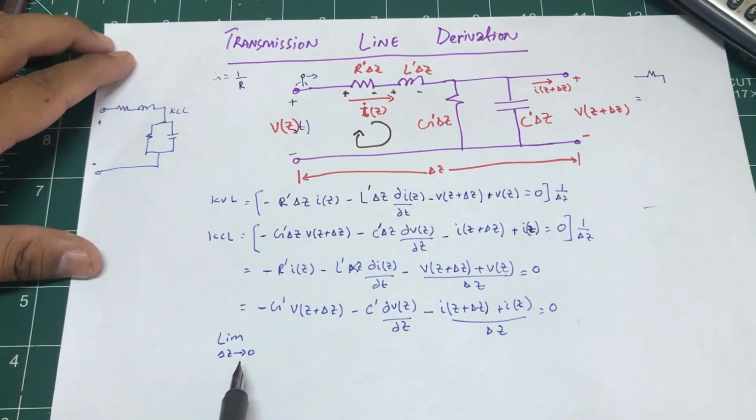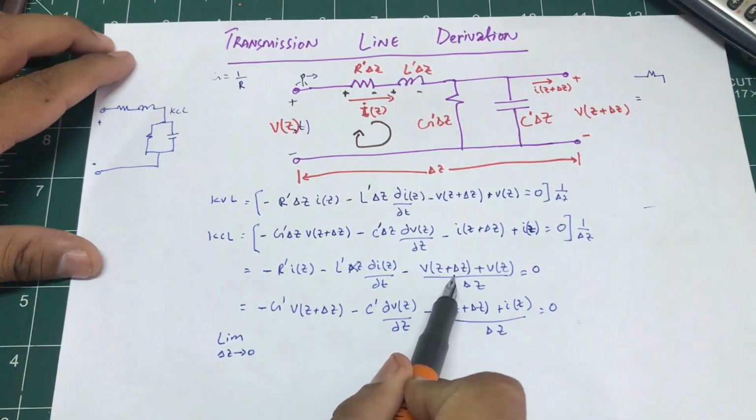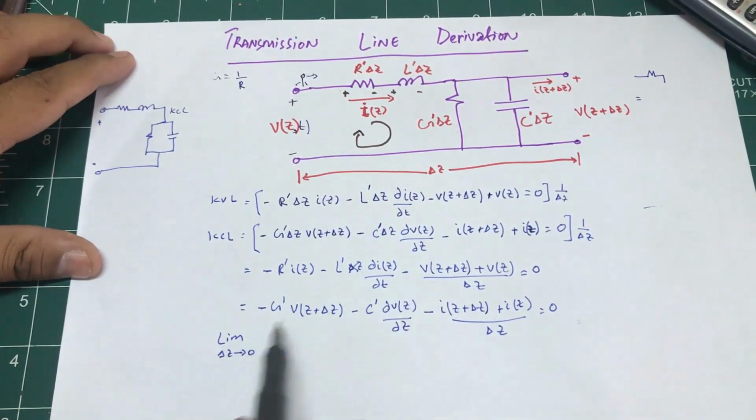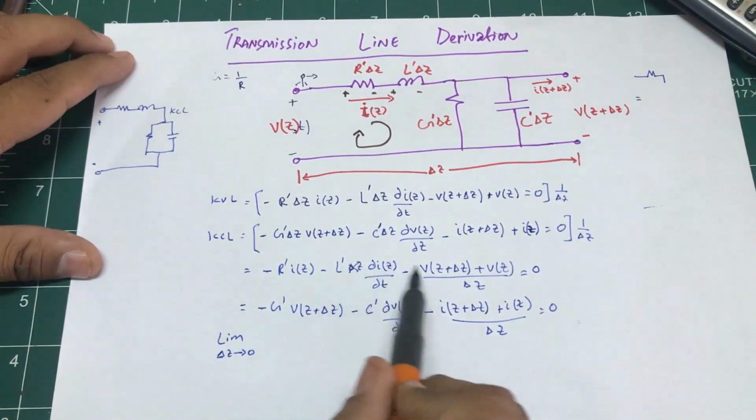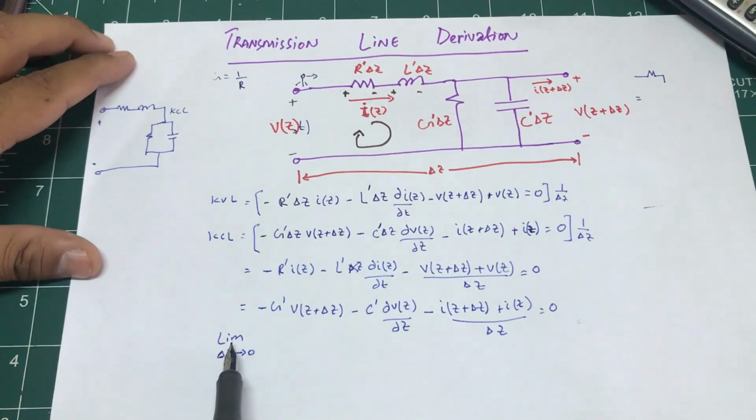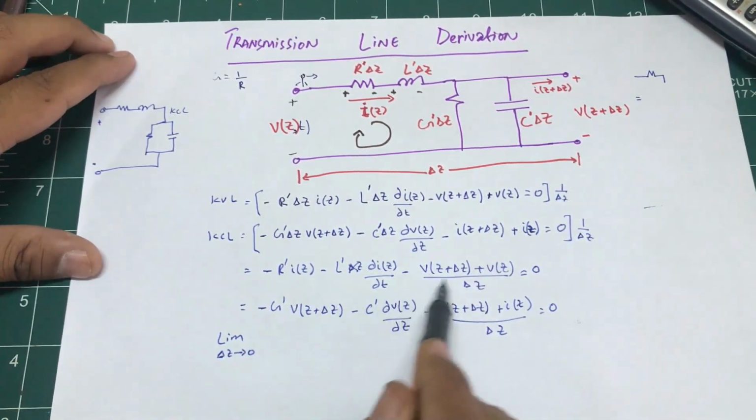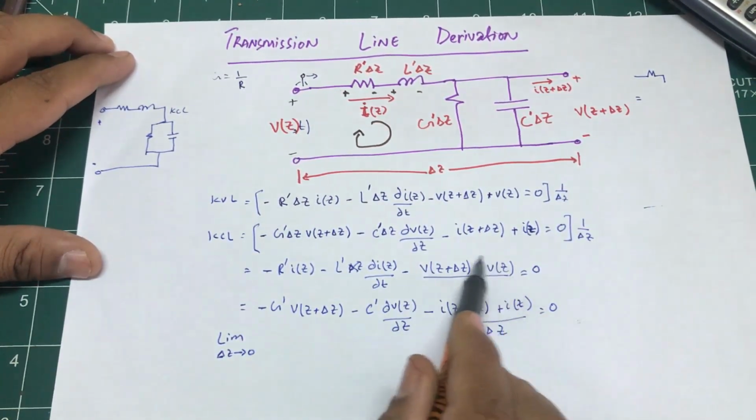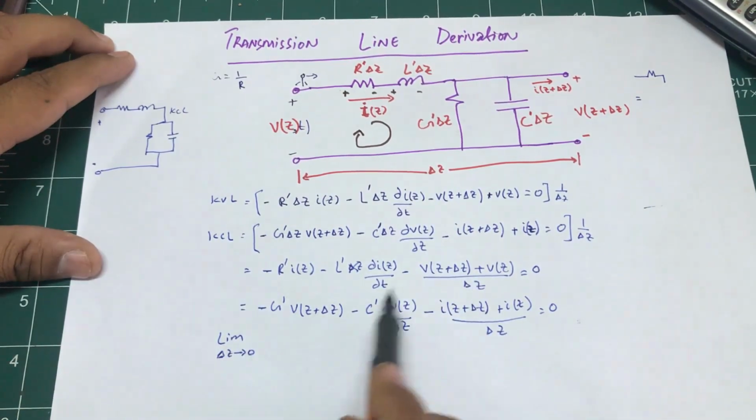When I take this limit and when I look at this term, what does it look like? When I take the limit as delta Z approaches 0 and use this knowledge, what does it look like?